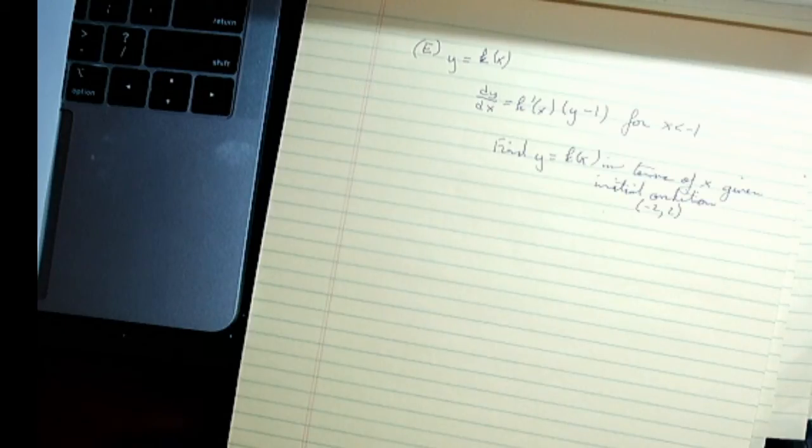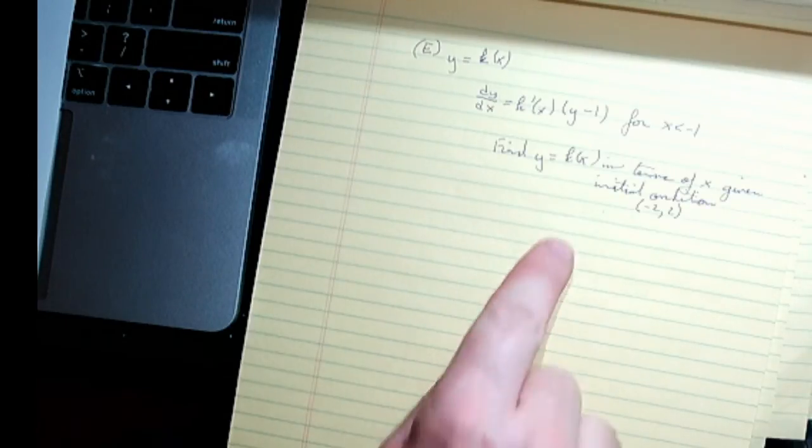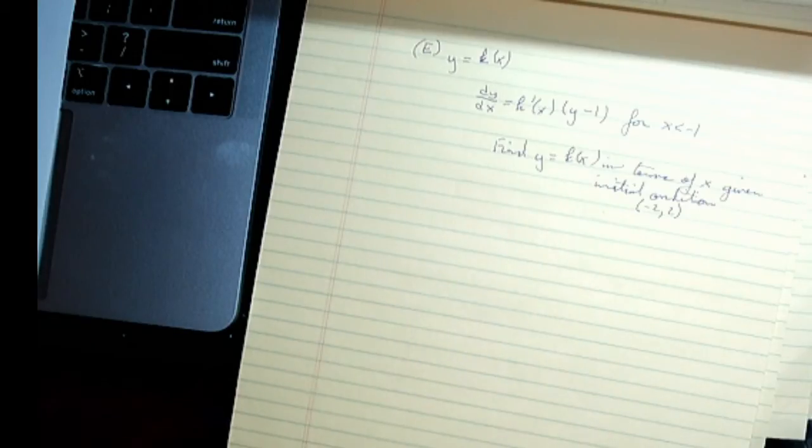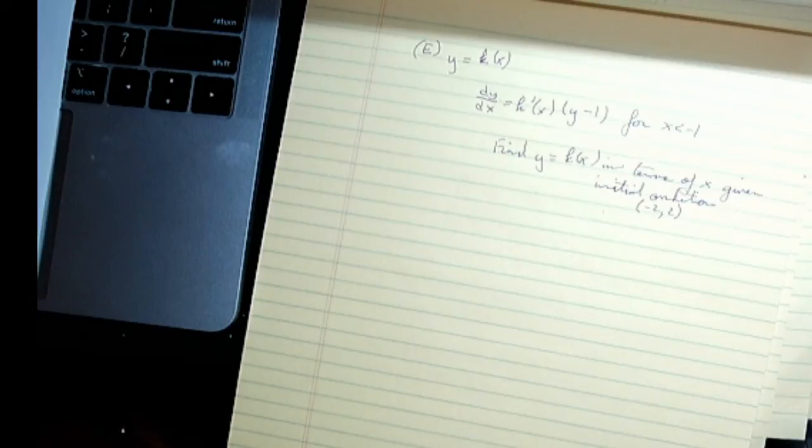So what this is saying is that if we have y equals k of x, we can plug it into this thing, and we know that minus 2 comma 2 is a solution. And so if we plug it in, we'll get a reasonable answer.